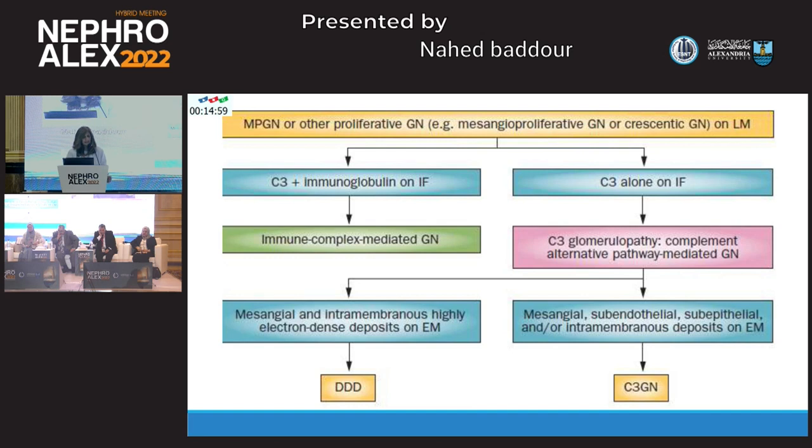If it is mainly a cigar-shaped, dense intramembranous deposit on EM, this is dense deposit disease. If it's mesangial, mainly with other locations of deposits, then this is a C3GN. So you really need ultrastructural study to arrive at a definitive diagnosis of dense deposit disease or C3GN, in addition to the immunofluorescence.